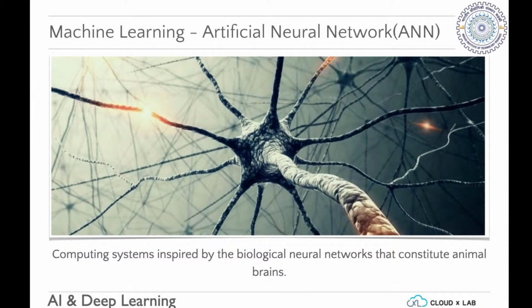Okay, so now we'll come to the interesting part, artificial neural networks. So what are ANNs? We've always been inspired by biology and natural life for a lot of things. Dragonflies inspired helicopters, birds inspired planes, eyes inspired cameras, and biological neural networks, the neural networks in our brain, in animal brains, have inspired computing systems.